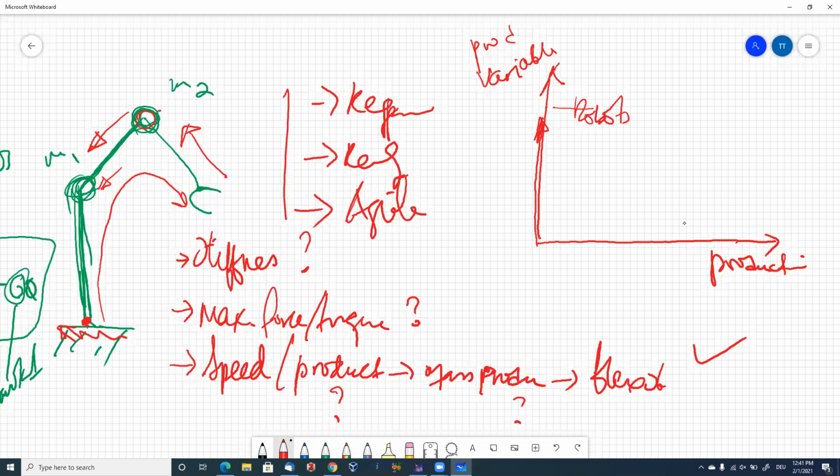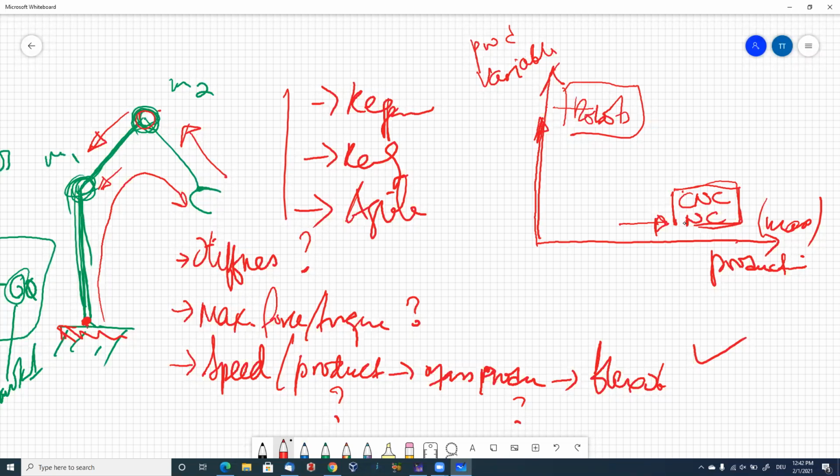But if you want mass production, with large production, here I could say CNC machines are the best, with low production variability but increased mass production.